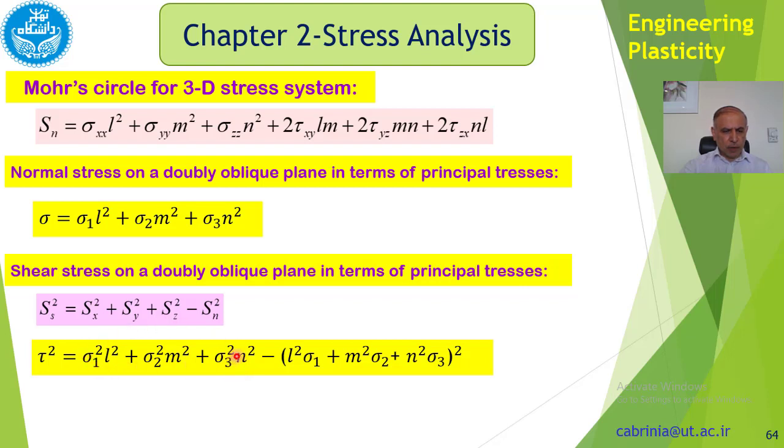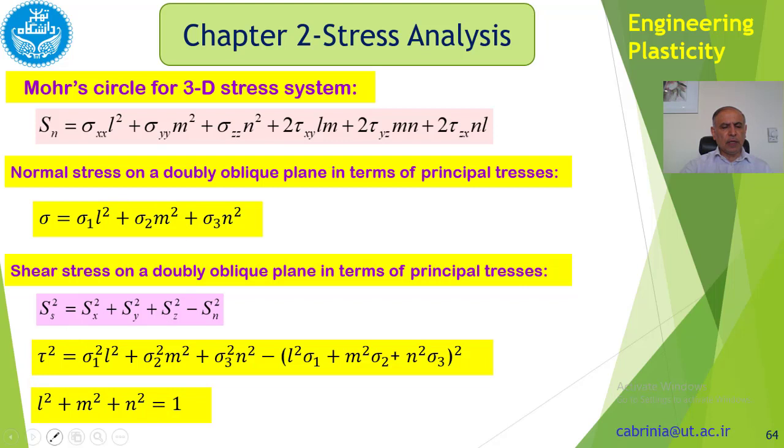Now, here sigma 1, sigma 2, and sigma 3 are supposed to be known, and therefore we have to get L, M, and N. In order to do that, we write this equation as well. We have this equation, L squared, M squared, N squared, which is true for any direction cosines. So we have 3 equations, this one, this one, and this one.